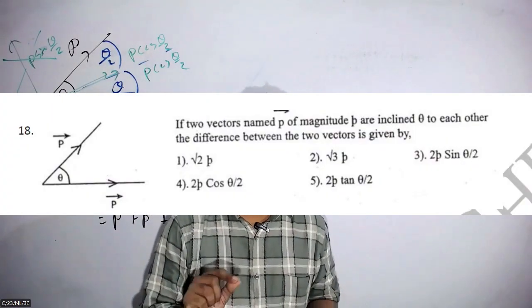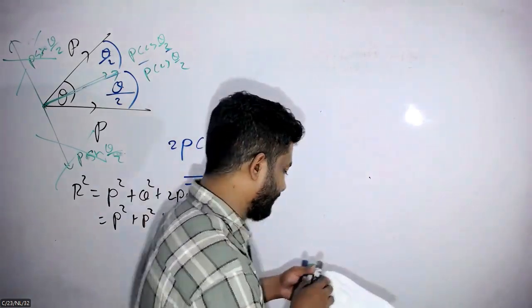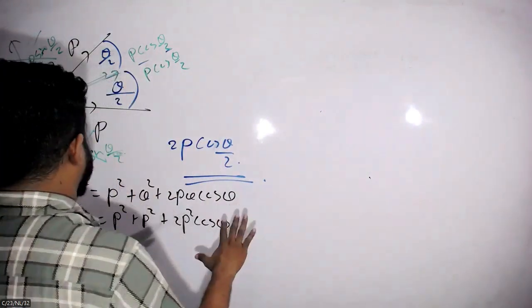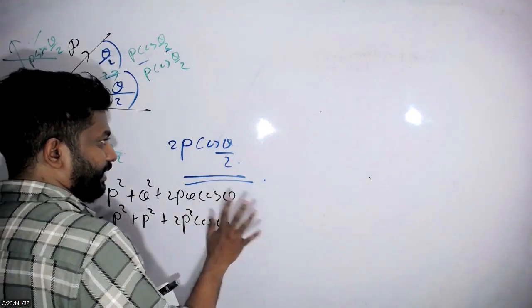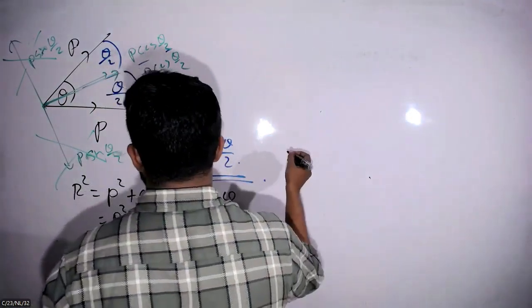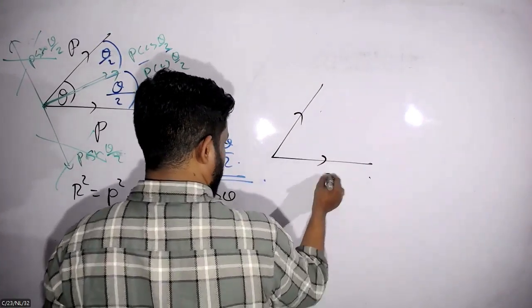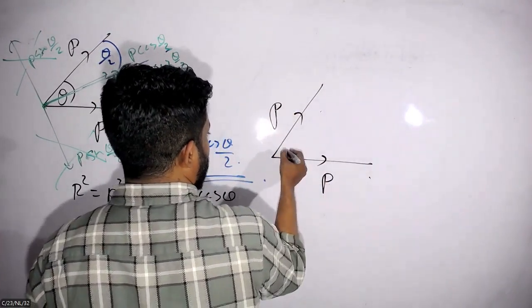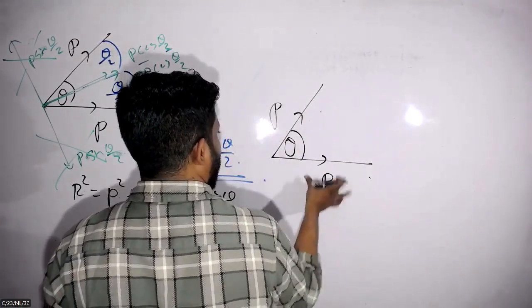In the next question, you need to identify the difference between the 2 vectors, right? To derive an expression for the difference between the 2 vectors, you can construct a parallelogram. First find the resultant of the 2 vectors by using parallelogram law. P plus P. This one is the angle between the 2 vectors. These 2 vectors are equal, no?